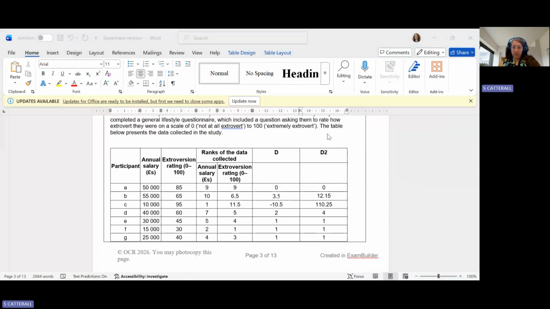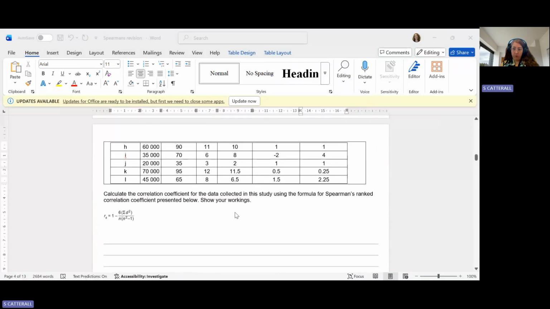So let's see. We've got 12.15 plus 10.25 plus 4 plus 3 plus 1 plus 5 plus 0.25 plus 2.25.